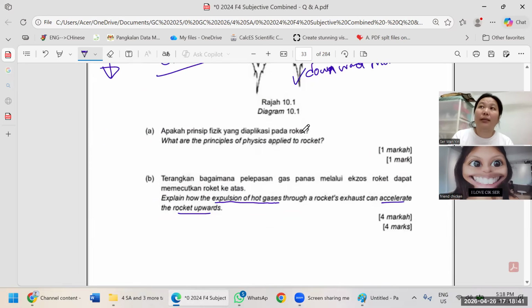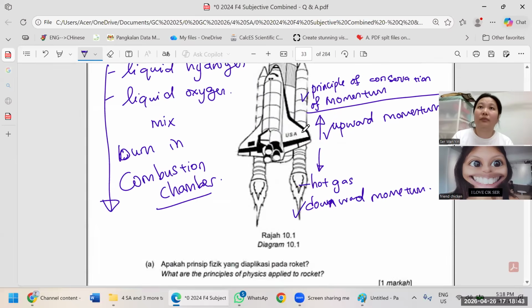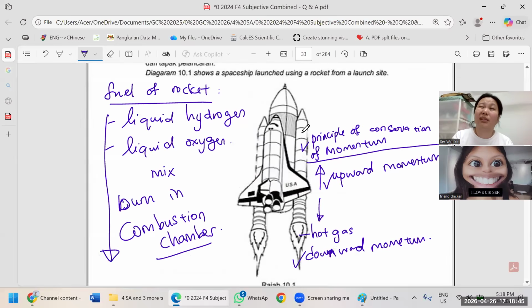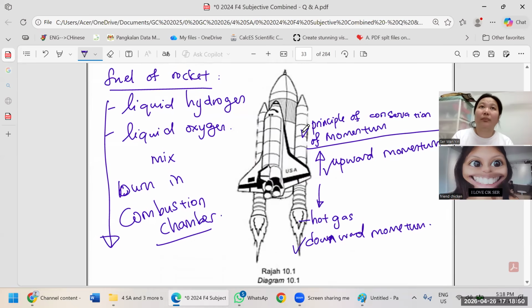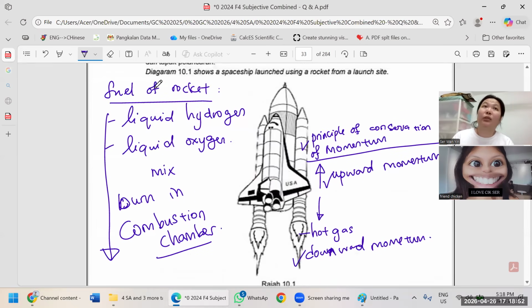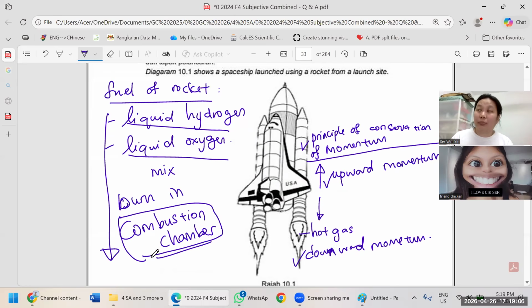Jet. Oh, I discussed this with Santanya. Normally there is a spaceship. Be careful about what the fuel inside the rocket is. The fuel inside a rocket is liquid hydrogen and liquid oxygen. Oxygen, but in liquid form. They mix and they burn in the combustion chamber, producing hot gas.